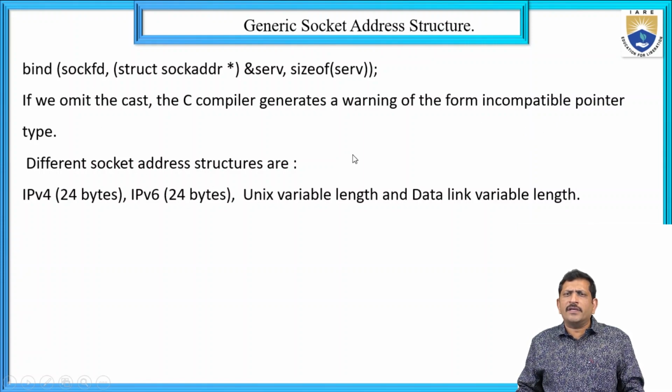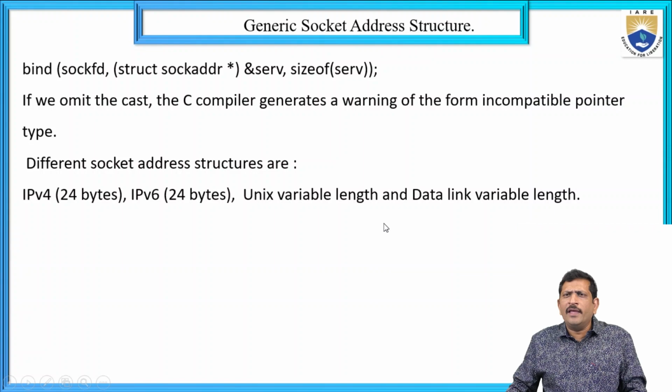Different socket address structures can be used in communication. IPv4 is used at the client side and server side; on both sides we can use the socket for establishing effective communication. IPv4 generally uses a 16-byte address, and IPv6, Internet Protocol version 6, uses a 24-byte length.